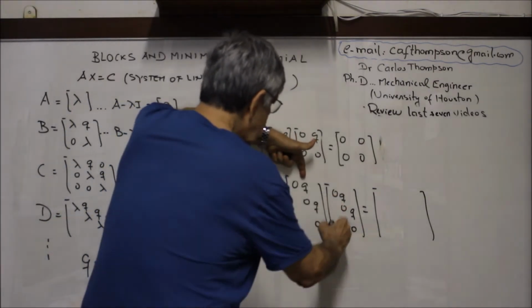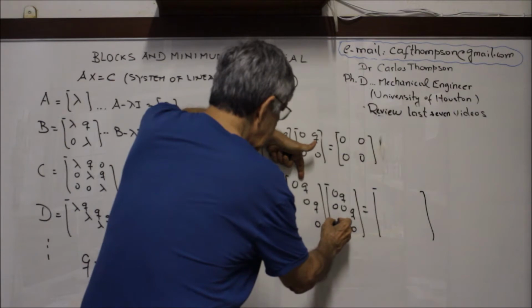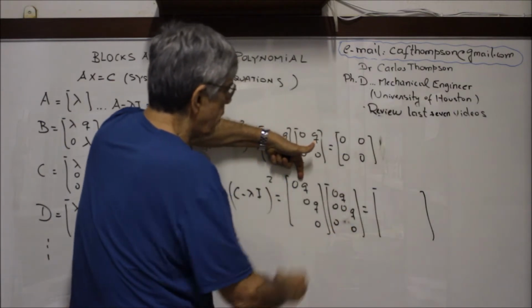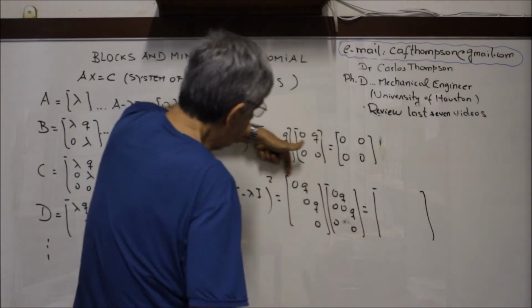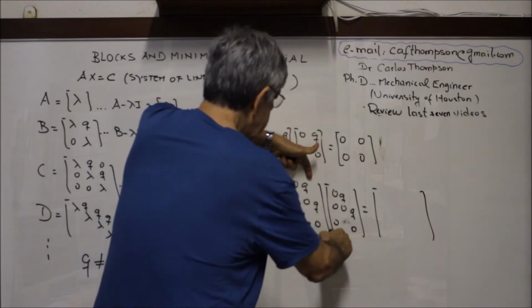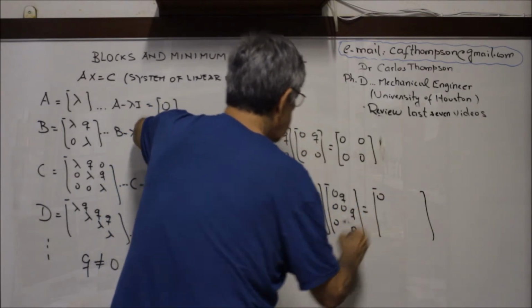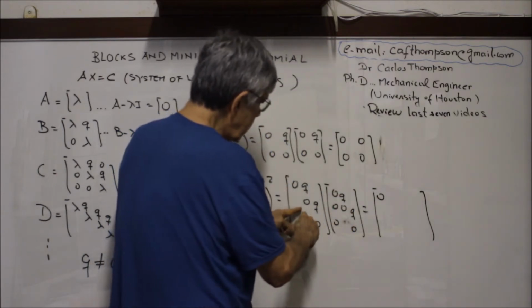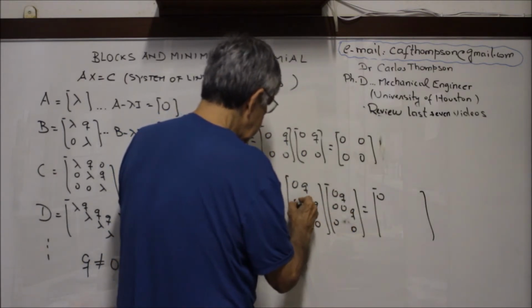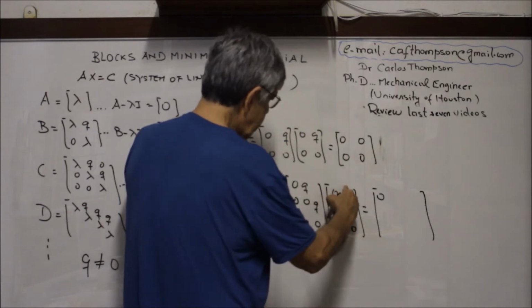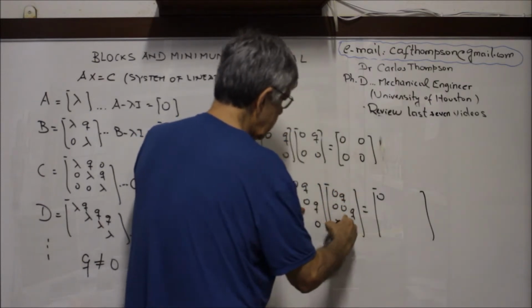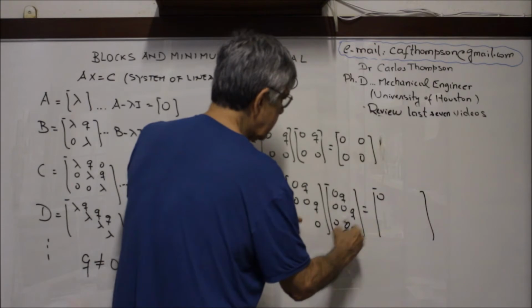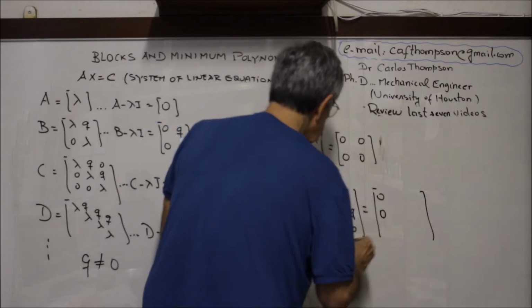First row, first column; don't forget, this column is 0. First row, first column will be 0. Second row, second column: 0 here, and 0 times Q plus 0 times 0 plus Q times 0. So this will be 0.